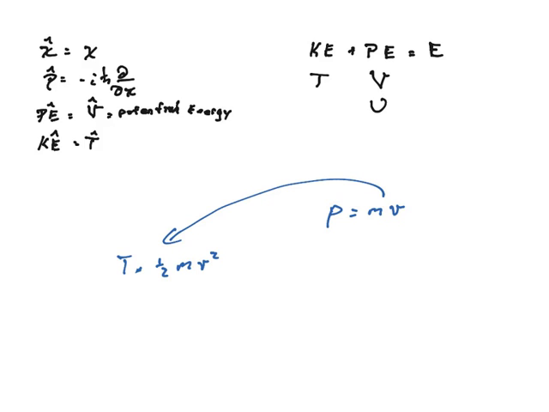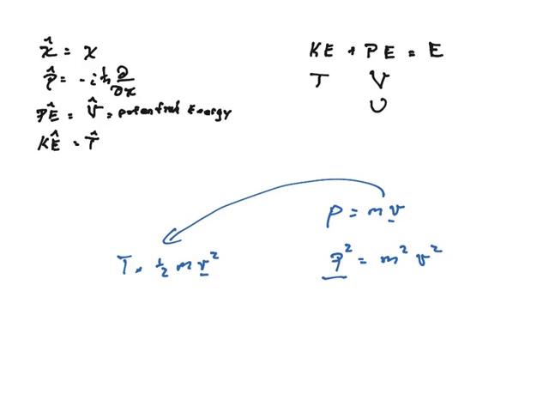How do I do it? Well, note, kinetic energy has a v squared in it, whereas momentum is just mv. So if I take p squared, well, now I have mass squared, velocity squared. Well, now I'm closer. I've got a v squared. But now I have too many m's.